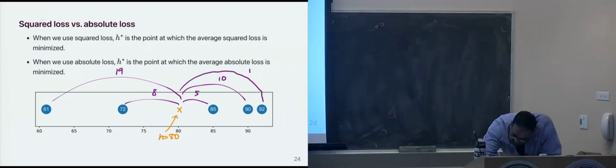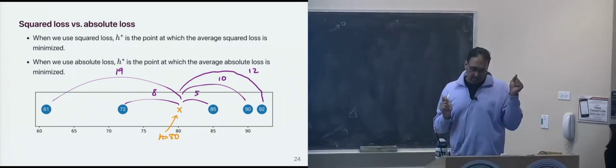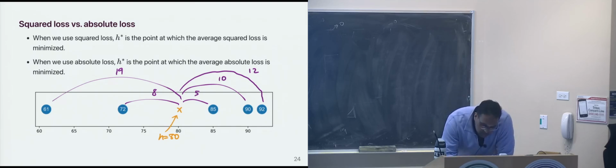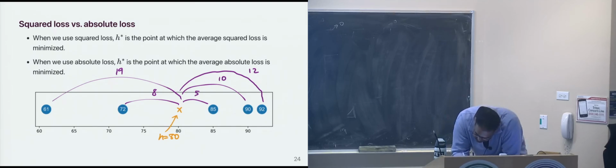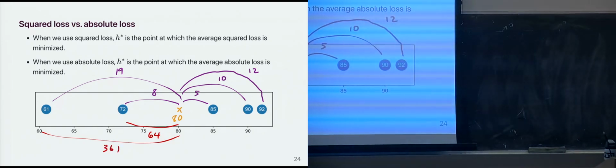There we go. Okay? Those are our 5 absolute losses. What about our squared losses? Maybe we'll make this a little smaller. Well, they're just the purple number squared. So 64, 361, 25, 100, and 144.